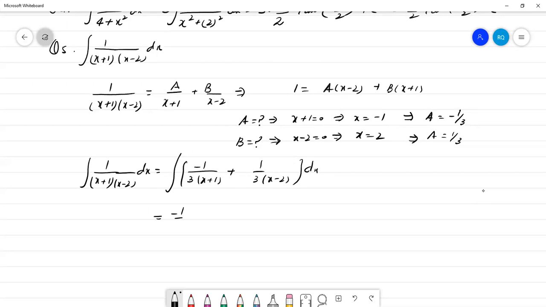So the integral of this whole expression is minus 1 by 3 log natural of (x plus 1) plus 1 by 3 log natural of (x minus 2), applying the first rule, plus c.